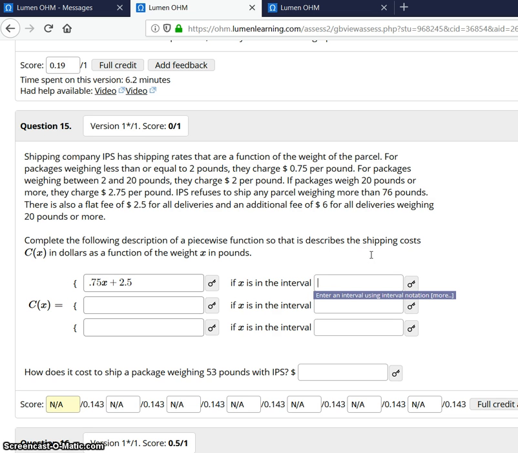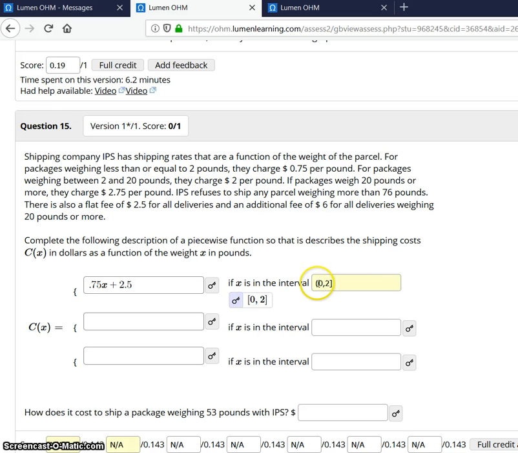So I would say that that would go, I'm going to check the answer to see if this is what they want. This is what makes sense to me. The package has to weigh more than 0 pounds, but less than or equal to 2 pounds. All right, they're putting a square bracket there, which doesn't make sense to me really, because if you have a package of 0 pounds, you're not shipping anything.